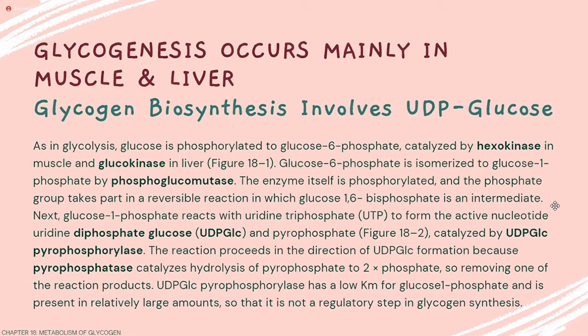Uridine, the U is from uracil, a nitrogenous base, and then you have two phosphates attached to it. And that UDP attaches itself to glucose. So that would be the start of glycogenesis. Okay?